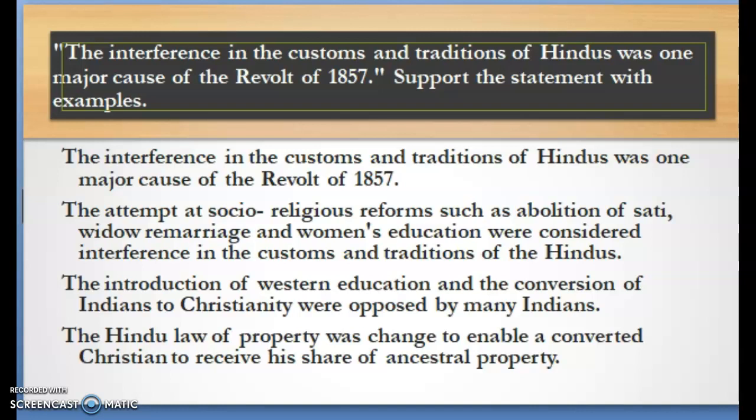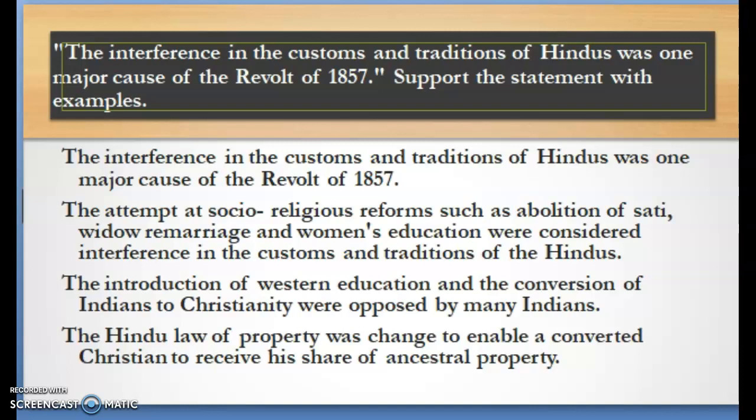Now, as you can see on the screen, the British started to work on social and religious reforms. For example, they abolished Sati, they encouraged widow remarriage. They also encouraged women's education, which Hindus took as interference in their custom and tradition. Not only Hindus but also the other communities of India.